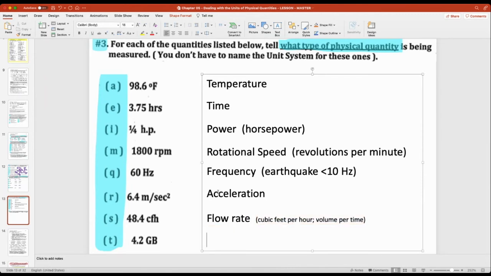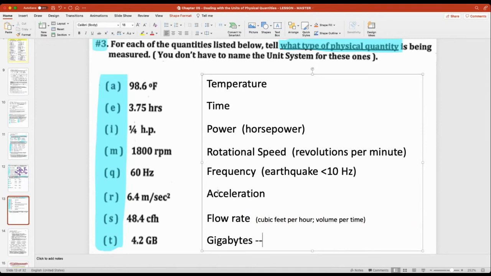And finally, last one, GB. That's not Great Britain. G stands for giga, and capital B stands for bytes. George Brown. Joseph, that's a great answer. But it's gigabytes, okay?